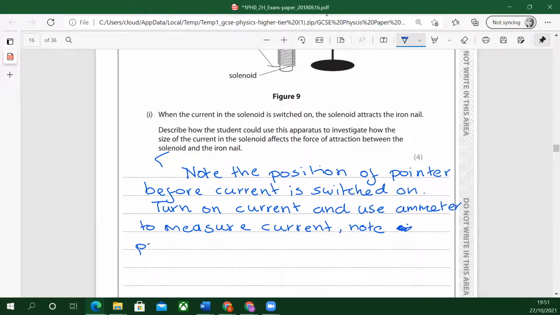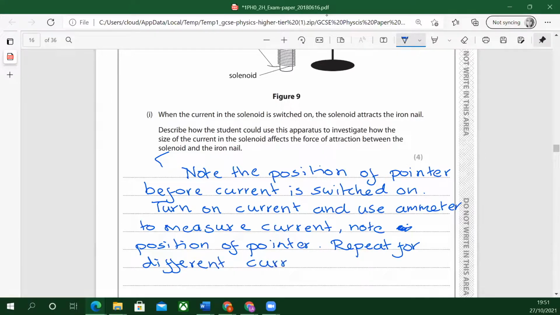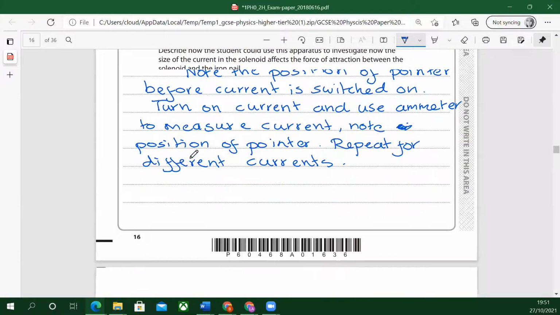Then repeat for different currents. So that's just as easy as that. Let's write that down.